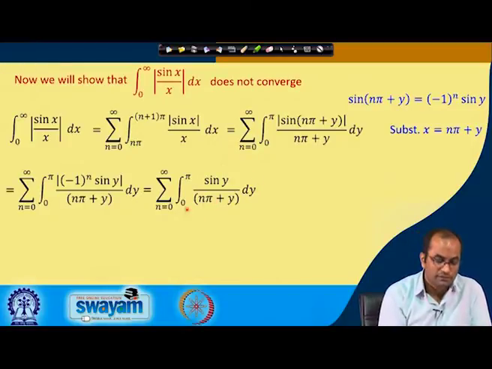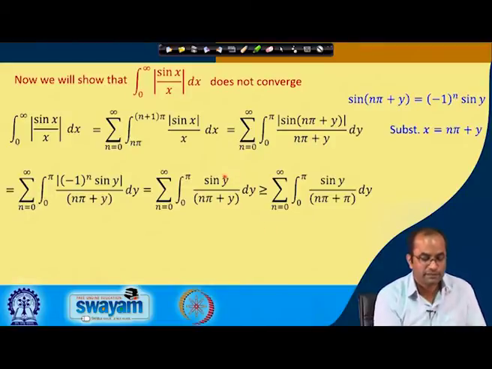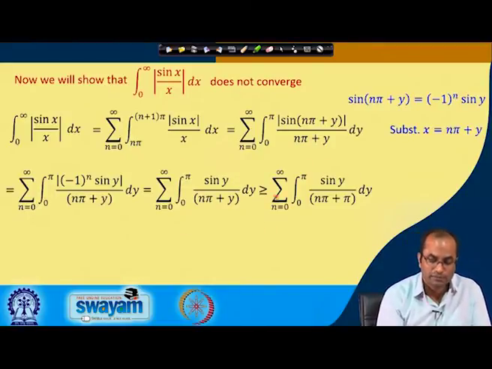Now in this denominator, y for this integral is taking values from 0 to π. If we want to make this integral smaller than the other integral, we can replace y by the larger value, so the denominator takes its largest value at π.